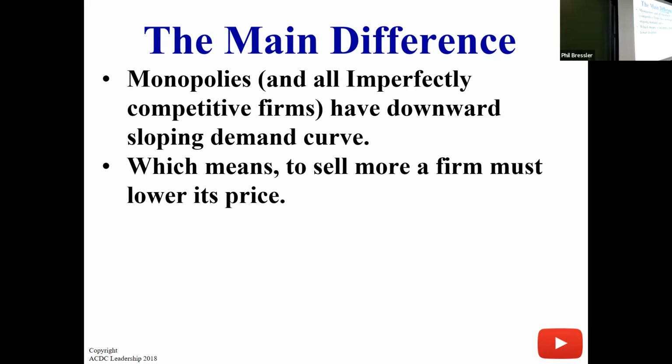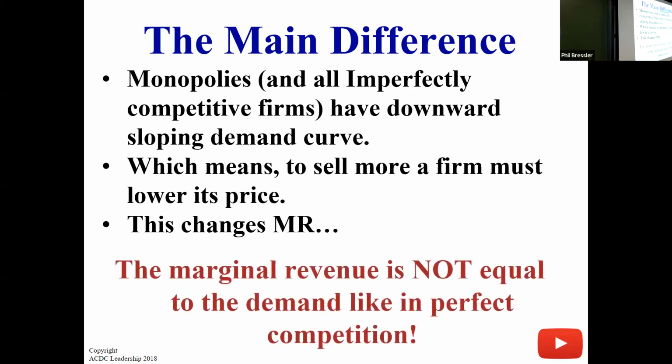No. The Ravens don't sell out anymore, so they need to maybe lower that price to get more tickets. And the Orioles are a better example, right? The Orioles have to lower their price because they never sell out. This changes MR. So the marginal revenue is not equal to the demand.